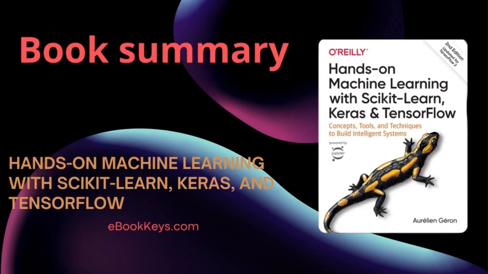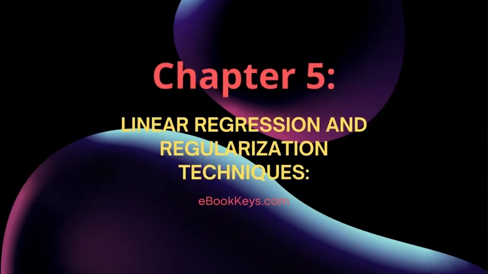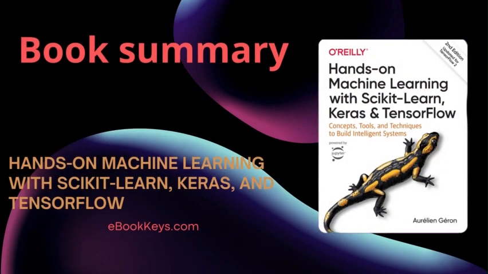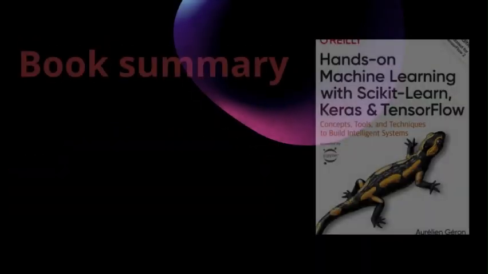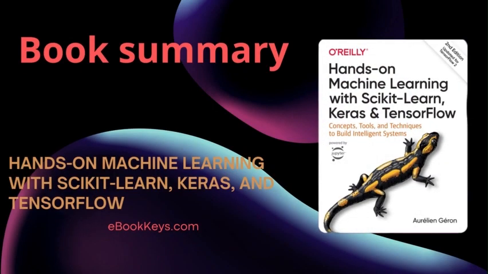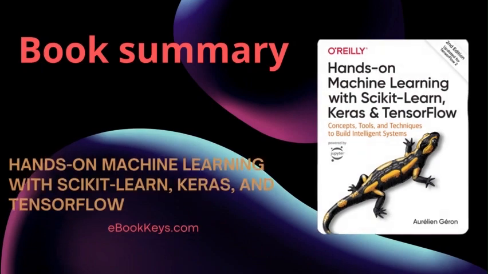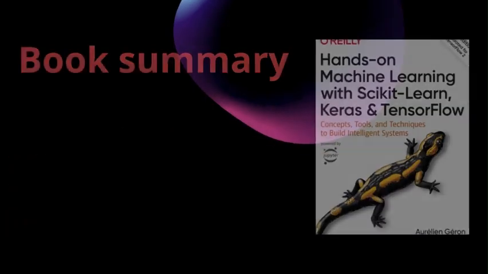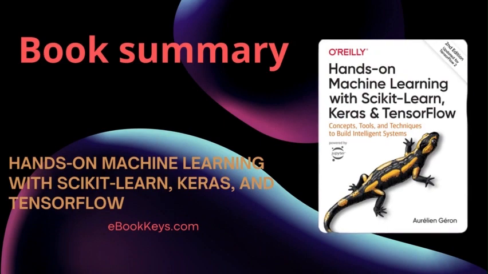Linear regression and regularization techniques. Continue to Chapter 5, Linear Regression and Regularization Techniques, to grasp the concepts of linear regression and regularization and apply them to solve regression problems. It covers the theory behind ordinary least squares, OLS, regression and demonstrates how to implement it using Scikit-Learn.